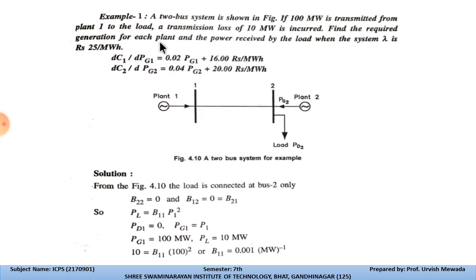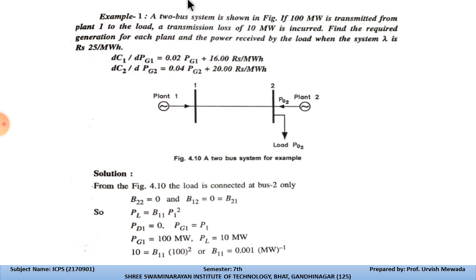Example number 1: a two bus system is shown in the figure. If 100 megawatt is transmitted from plant number 1 to the load, a transmission loss of 10 megawatt is incurred. Find the required generation for each plant and the power received by the load when the system lambda is 25 rupees per megawatt hour.